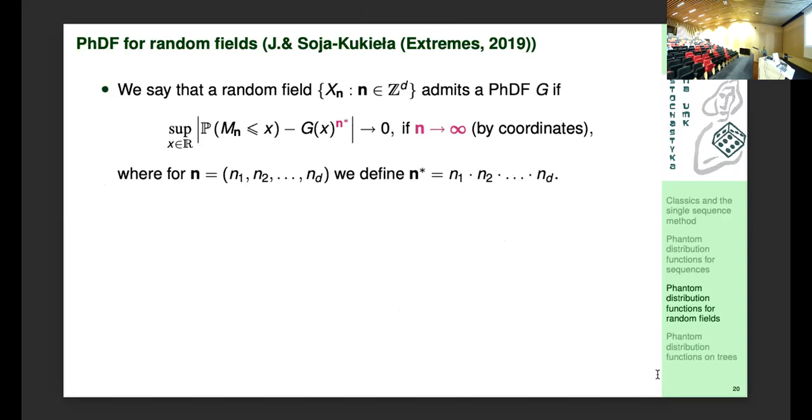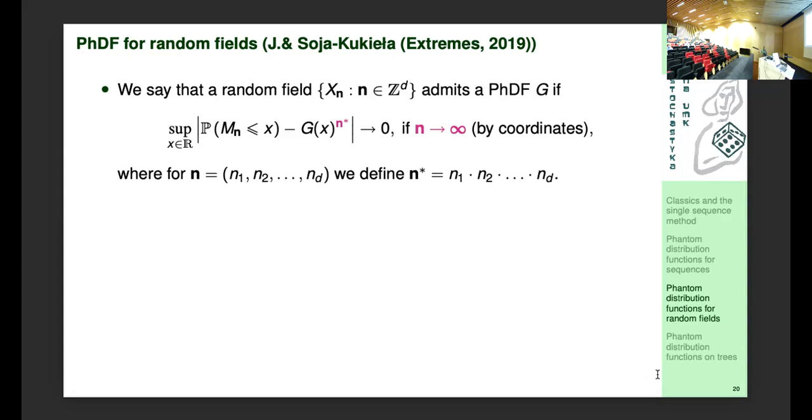So, again motivated by the independent case, if we have an IID field, then of course here we have a simple F^{n*}, where n* is the product of coordinates. So for an independent field here we have 0 always. There exists the marginal distribution function.